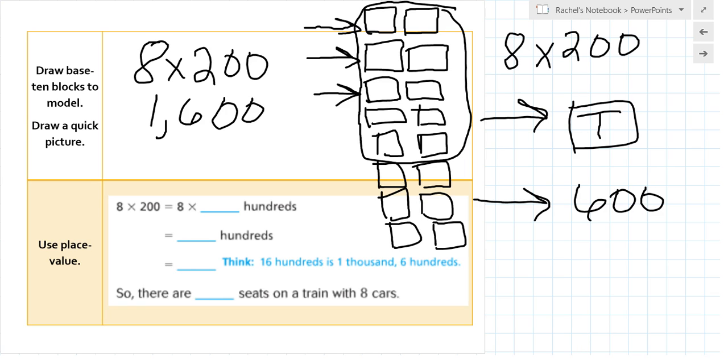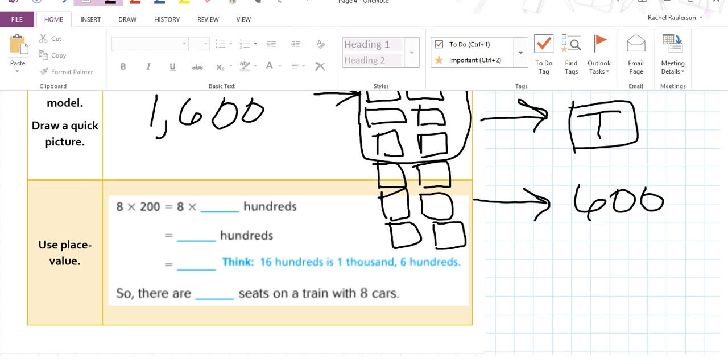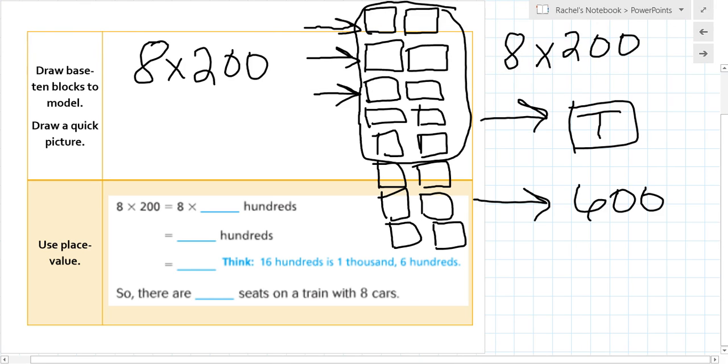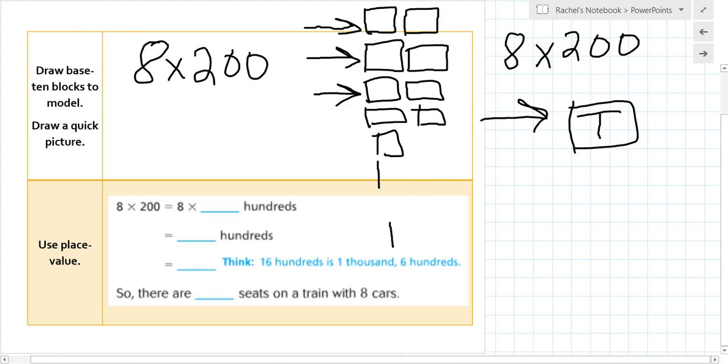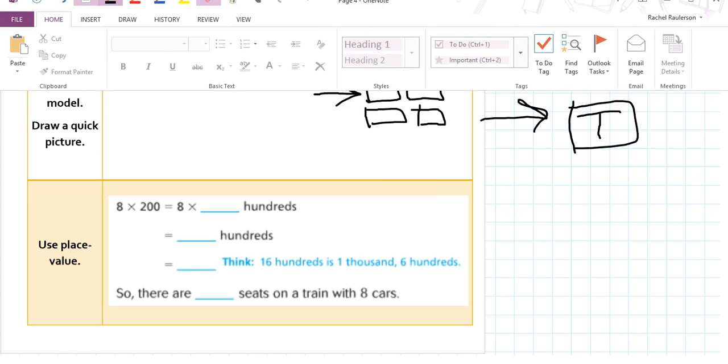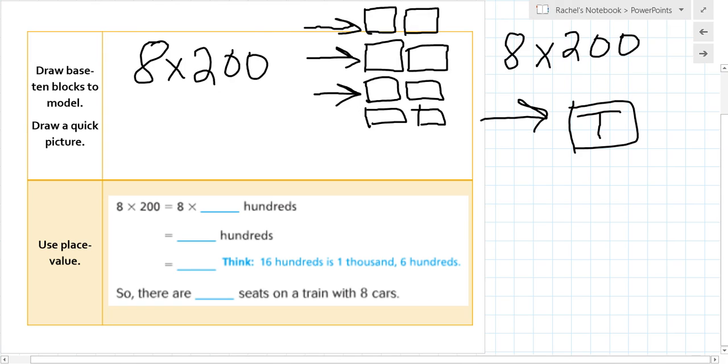Looking down below using place value, this strategy probably isn't one that the students immediately looked to or used on their own, but it's a review of place value and words representing the values. 8 times 200 is really 8 times 200s, which we saw in the model.